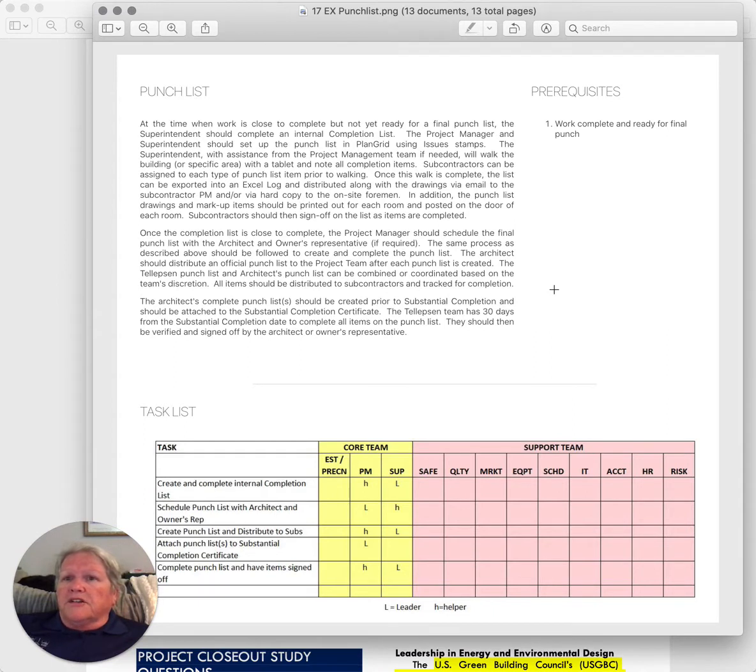It is a generally agreed upon date that the architect walks the building with the contractor to make a list of those things that need to go on the punch list that are not 100% complete at the time of substantial completion. Repeat, this is very important.